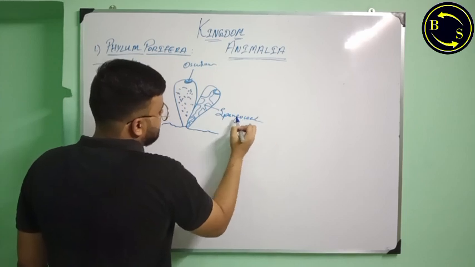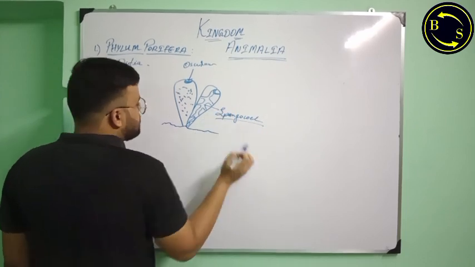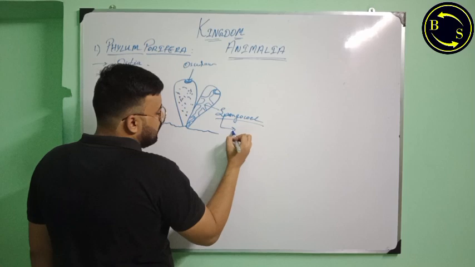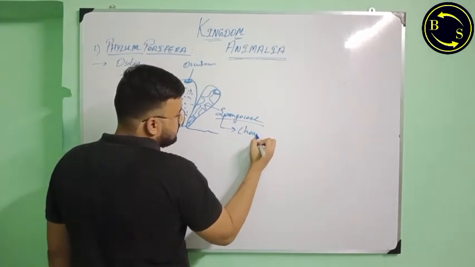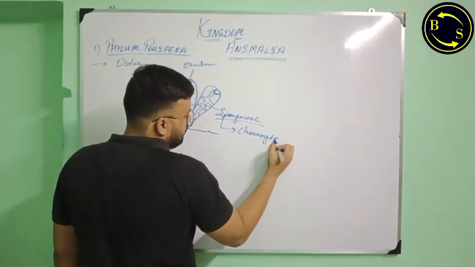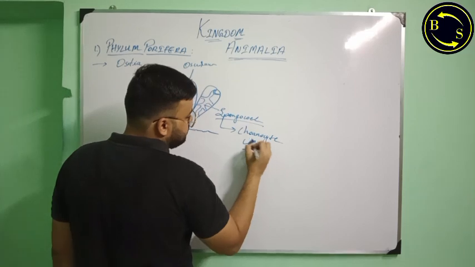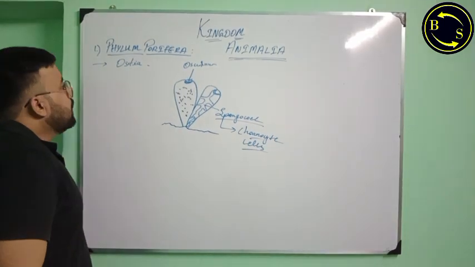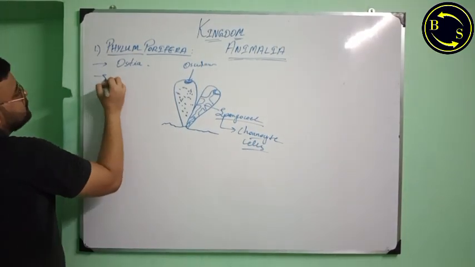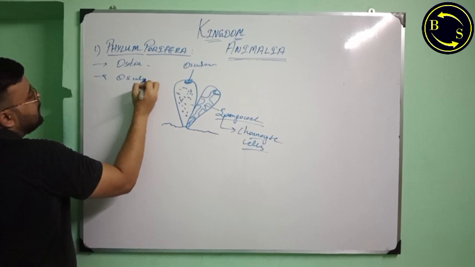The spongocele is lined by choanocyte cells.